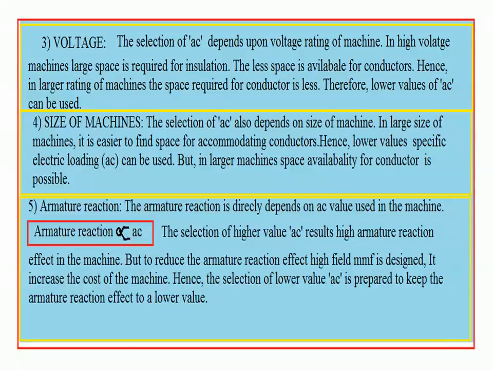Another counter effect to reduce the armature reaction is to use a high value of field MMF, but it increases the cost of machine. Hence, depending upon field MMF and AC, a suitable choice is made to keep the armature reaction within certain limits.